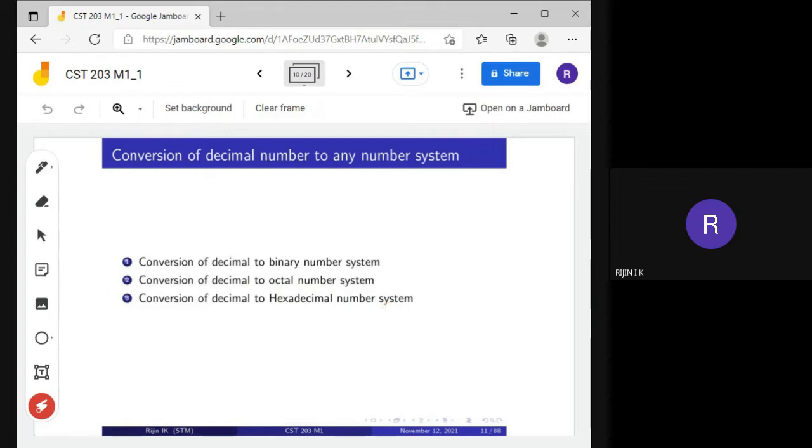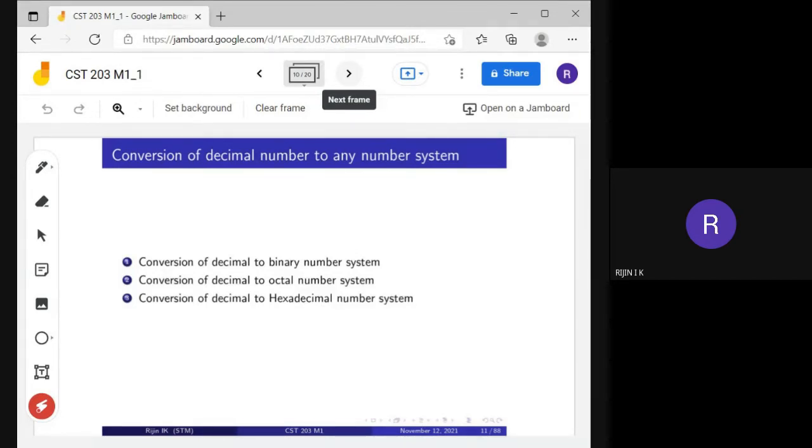First, let us see how we convert a decimal number into a binary number. Anybody have any idea about that?